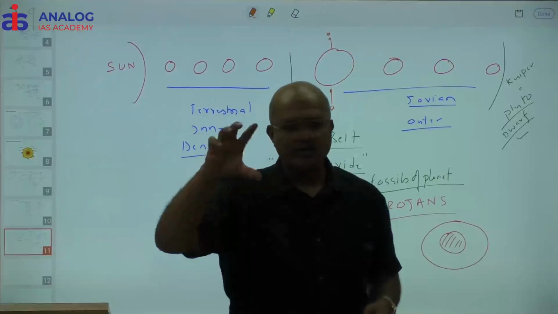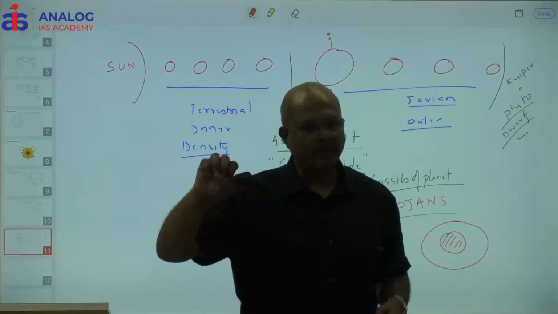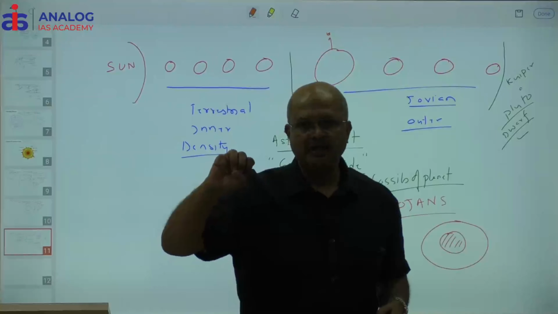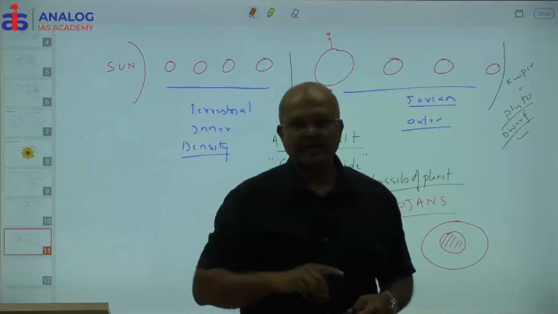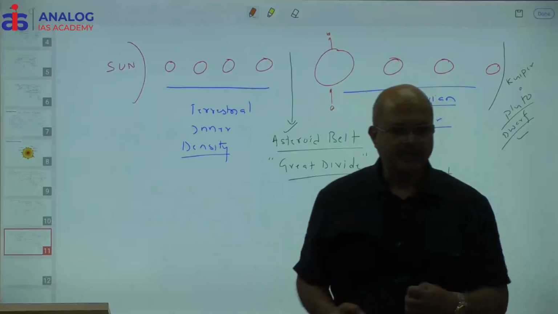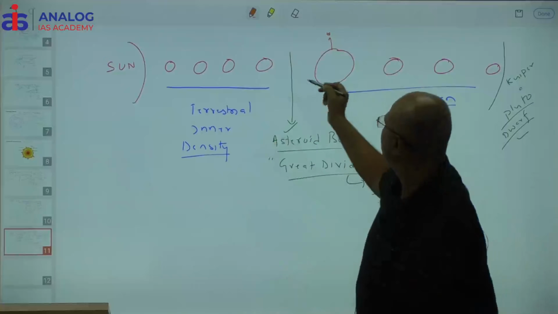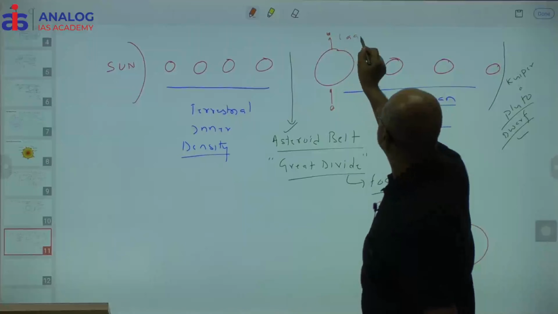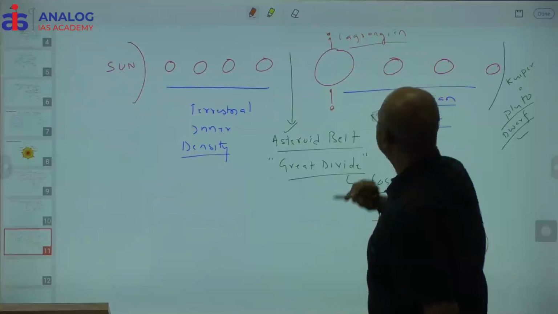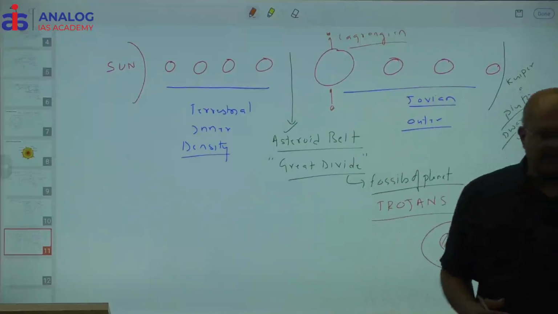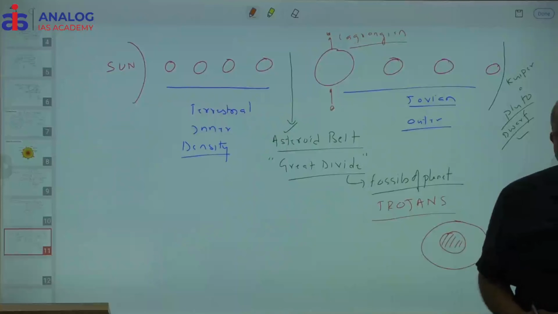Every planet has five Lagrangian points, L1, L2, L3, L4 and L5, and these Trojans travel in the Lagrangian points along with the planet without colliding. Such asteroids we refer to as Trojans.